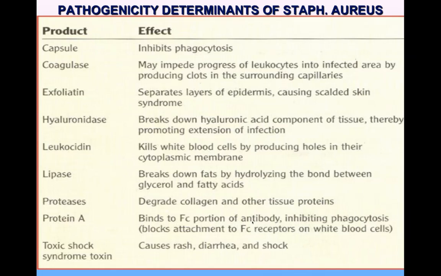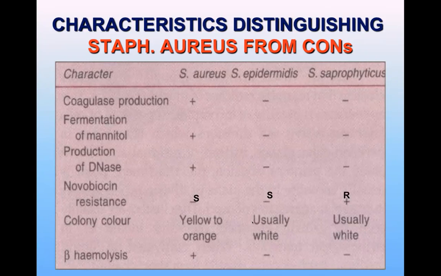In other words, all these are facilitating the organism in spreading and multiplying and producing disease. Protein A is going to attach to the Fc part of the antibody and is going to inhibit phagocytosis, whereas toxic shock syndrome toxin is responsible for the rash, diarrhea, and shock associated with toxic shock syndrome.